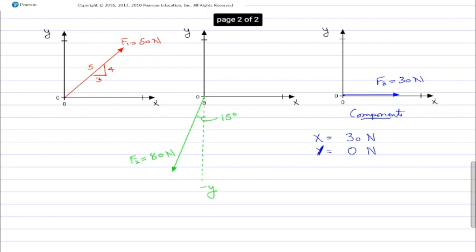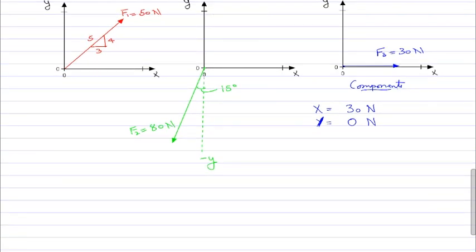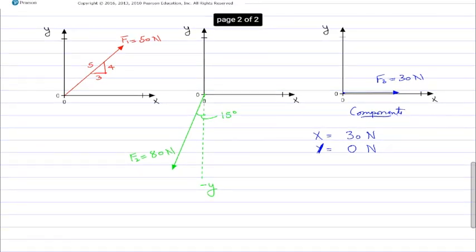Moving on to the green vector, remember, this vector is going downwards, right? So the first thing that you have to identify is that its components would be directed along the negative direction of y and the negative direction of x.